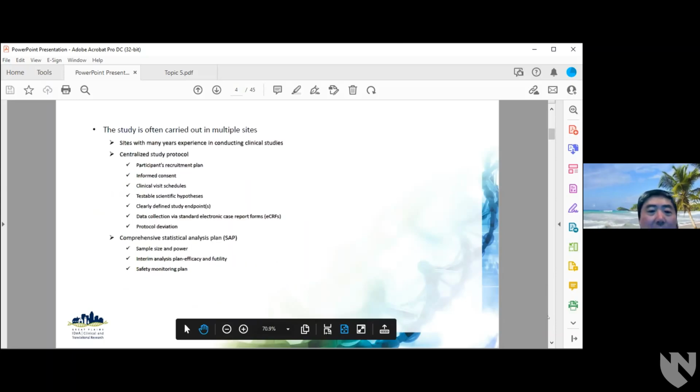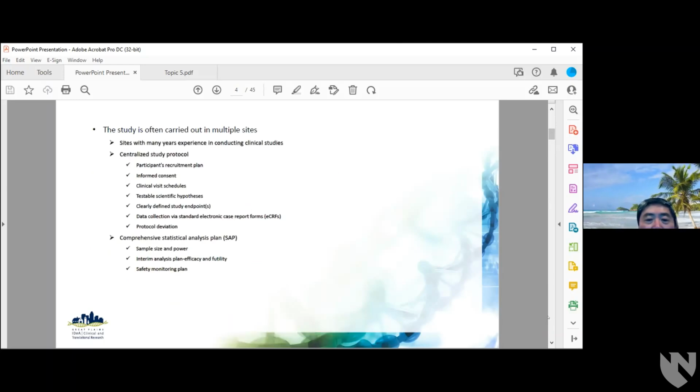When you conduct an RCT, particularly a drug trial, I always start with the drug trial, it's often a multi-site clinical study.